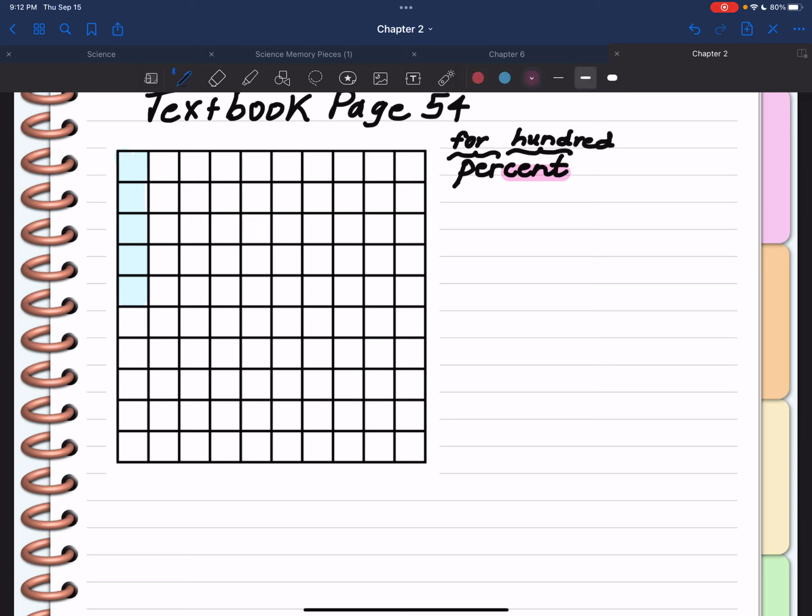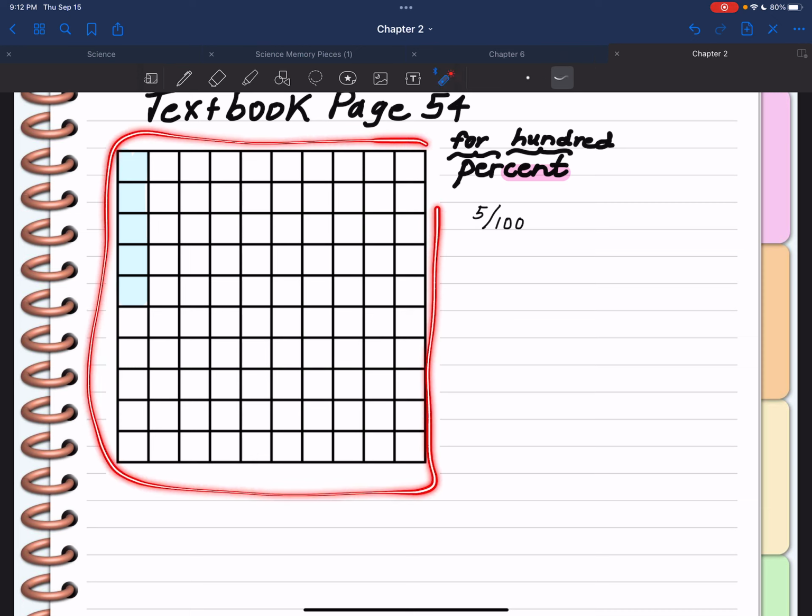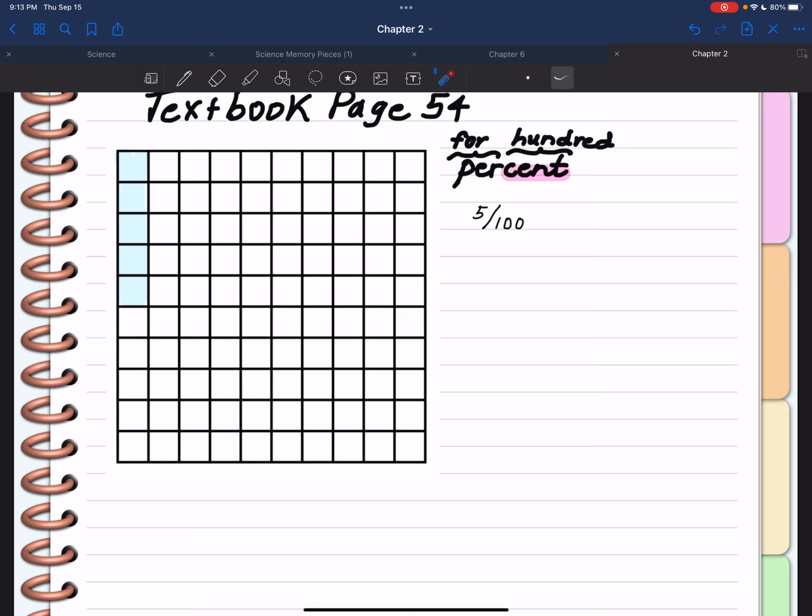There are 5 of those squares out of the 100 total in this whole base 100 block. There are 10 rows of 10. So we have 5%. That literally means 5 out of 100. So 5% is written as 5%.